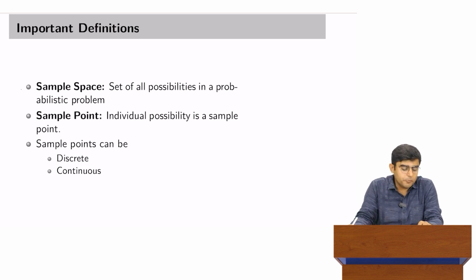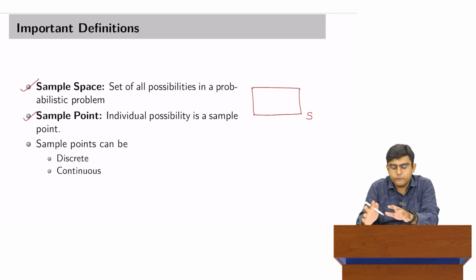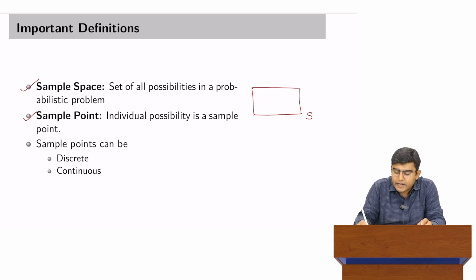Now, whenever we talk about probabilities, there are few concepts or few definitions that we have to be familiar with. One we call sample space and sample point. To illustrate what a sample space would be, let us consider a box, what we call S. Anything that is a possibility in our probability space has to be within this particular S, and we call this box or the space inside this box a sample space.